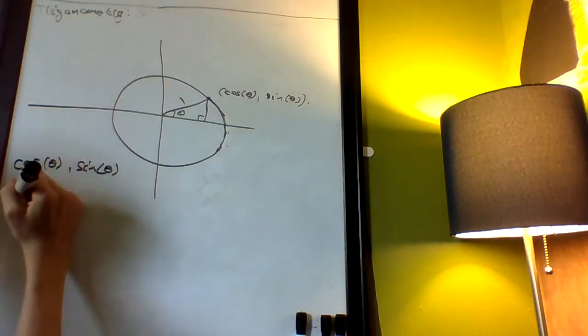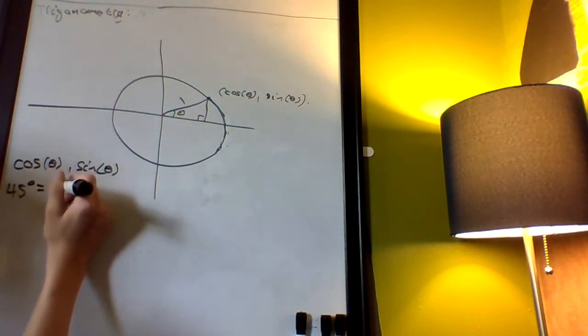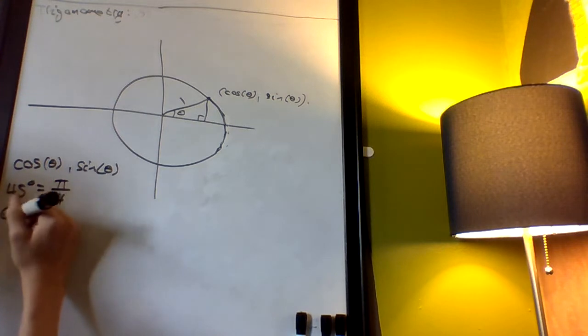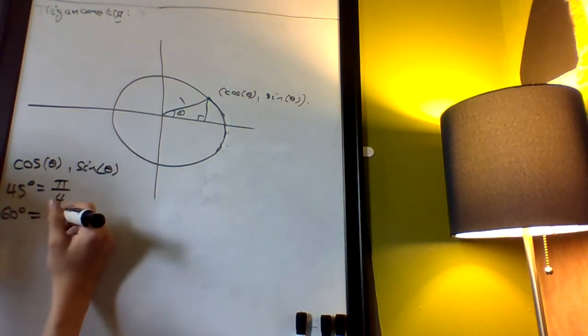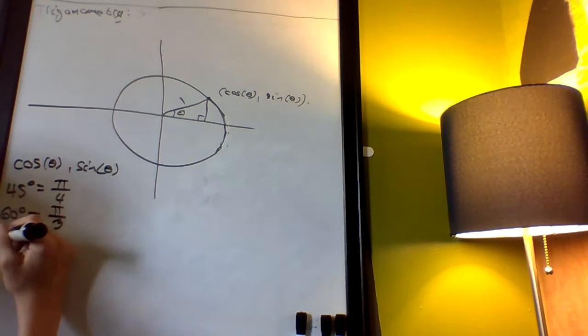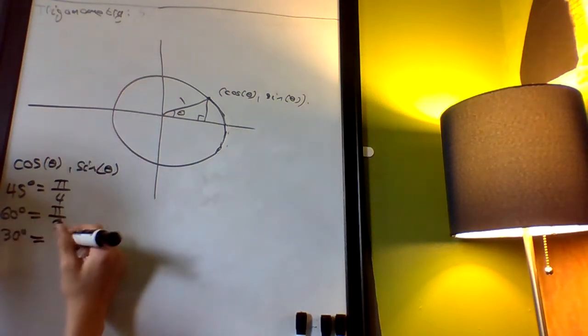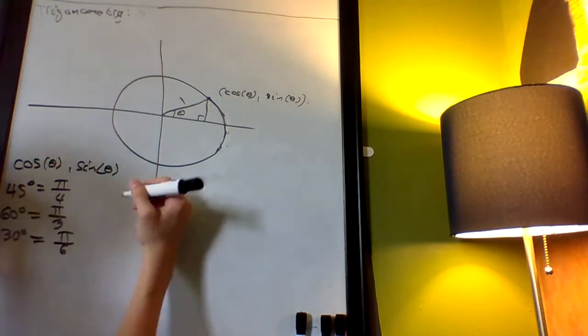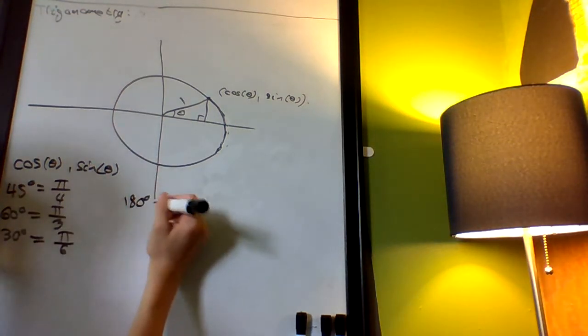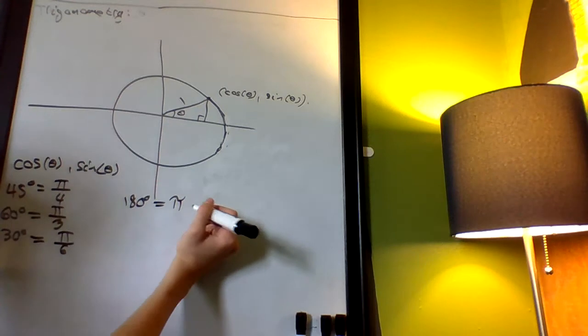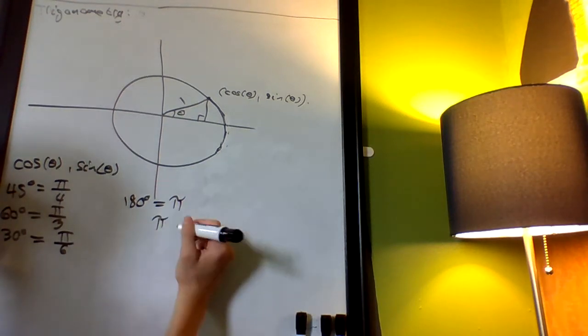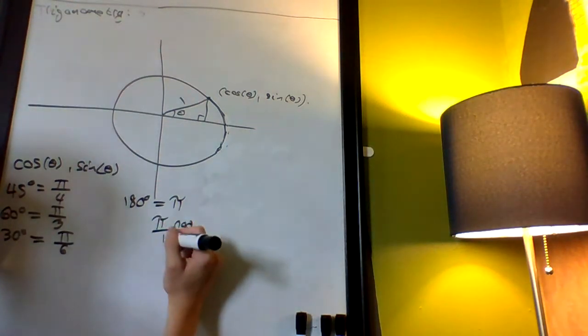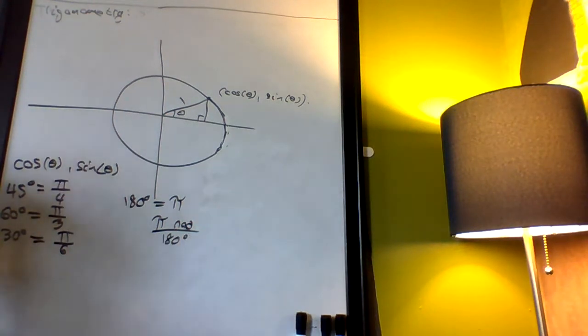We said that 45 degrees is pi on 4. We said that 60 degrees is pi on 3, and that 30 degrees is half of that, which is going to be pi on 6, right? So now, we also know that 180 degrees is pi, meaning the ratio is pi radians to 180 degrees, okay?